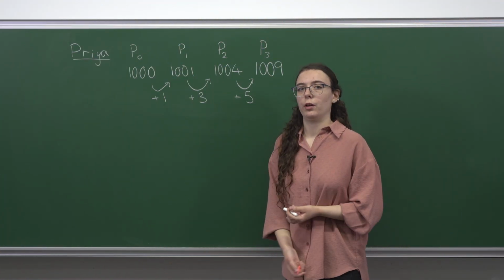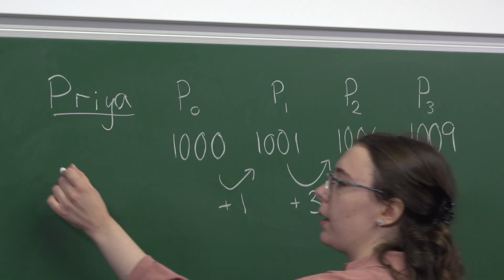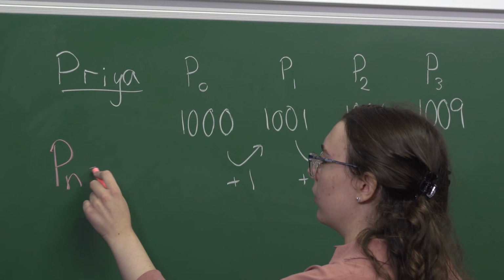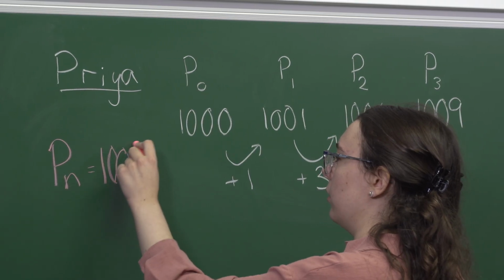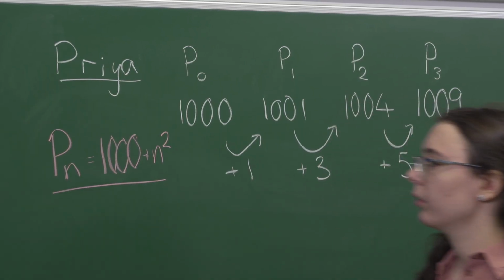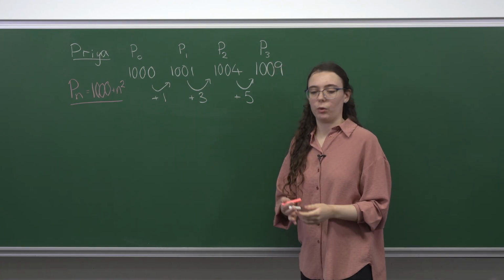So with this information, we can now say that Pn is 1,000 plus n squared. And we can treat Rhea's sequence similarly.